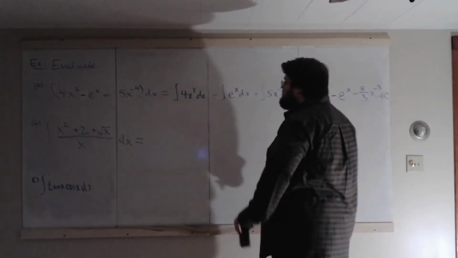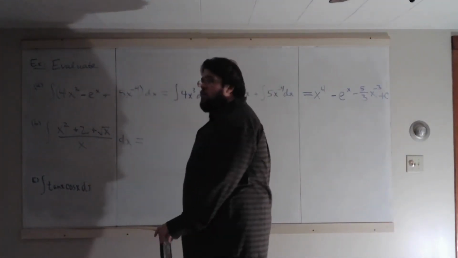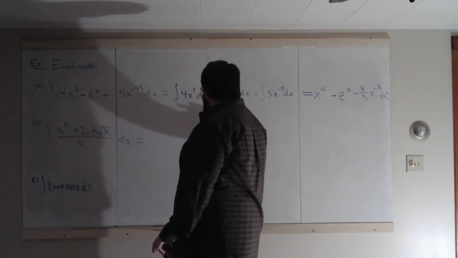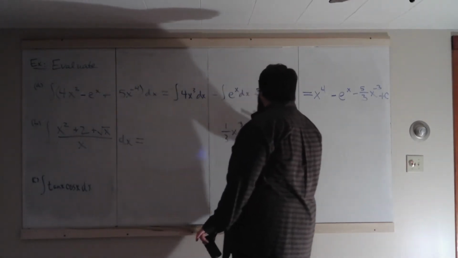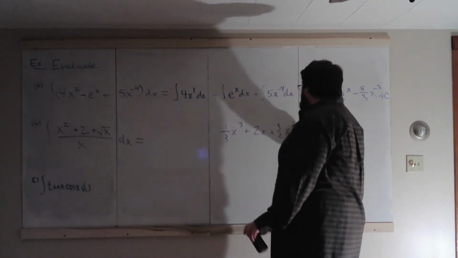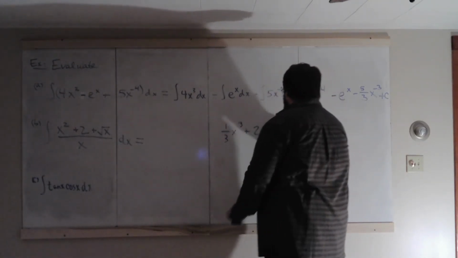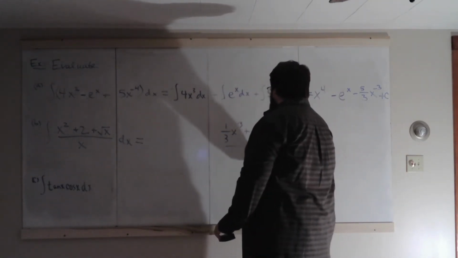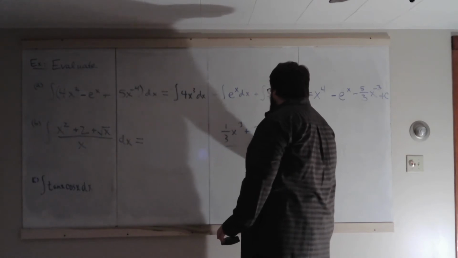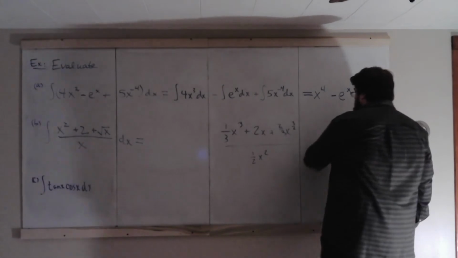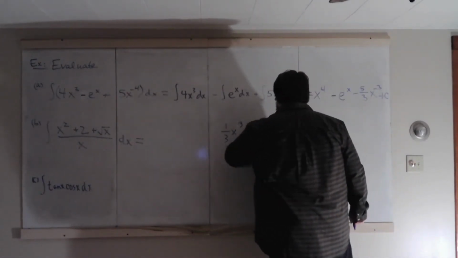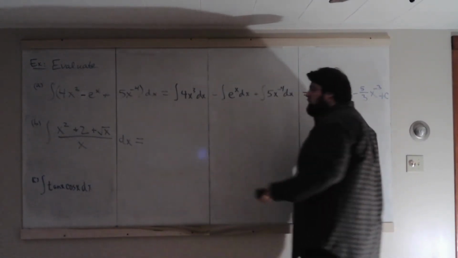How about this next one? I will tell you right now, this is not the answer. This right here is not the answer. We can't do this piece by piece.